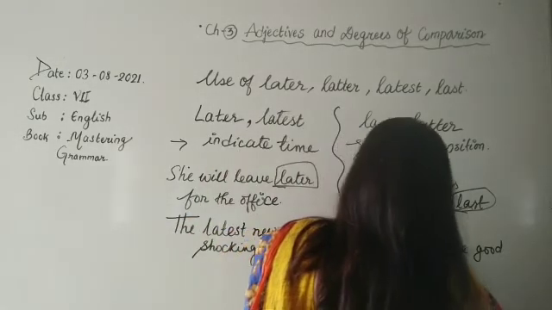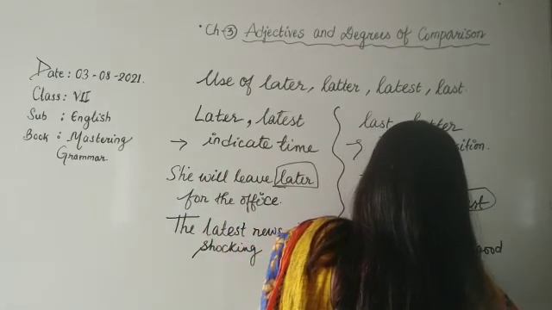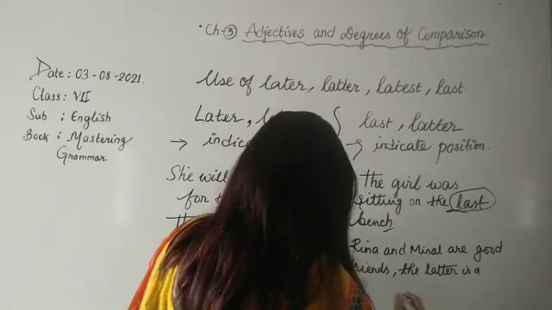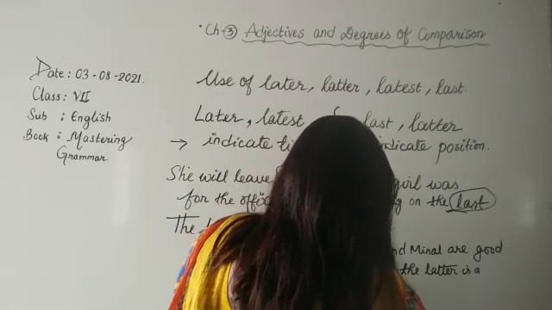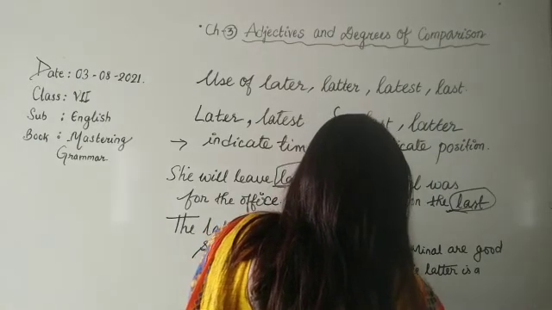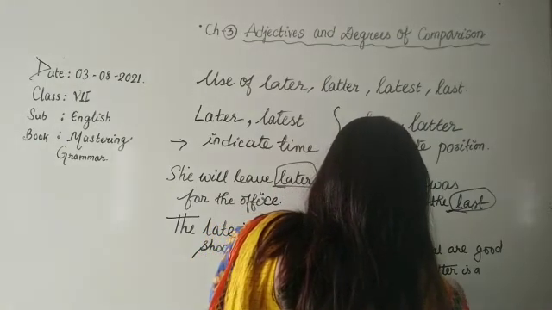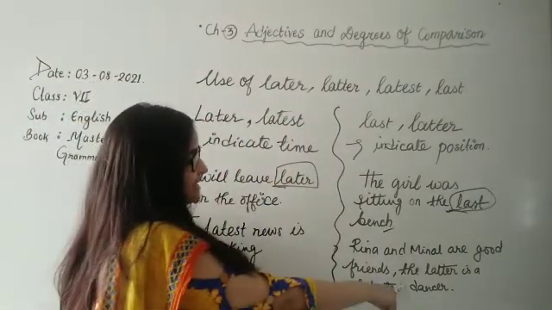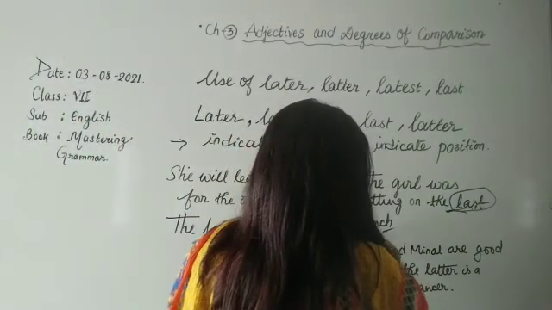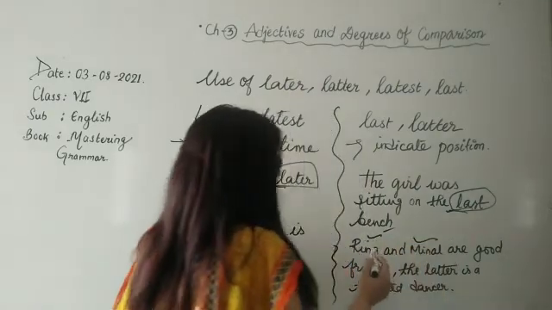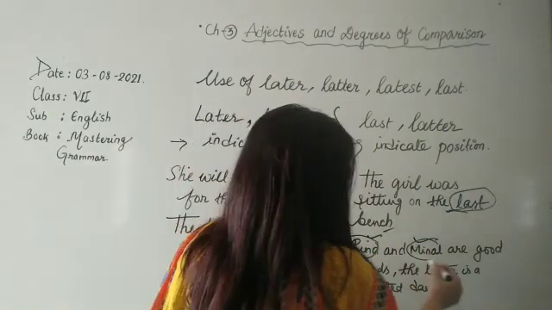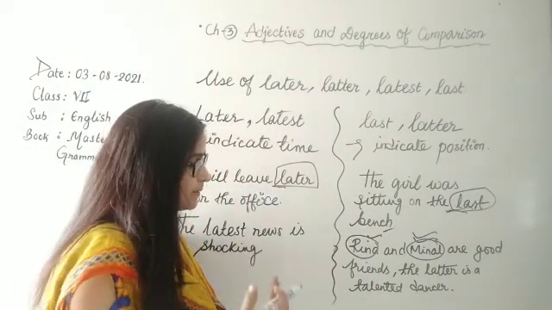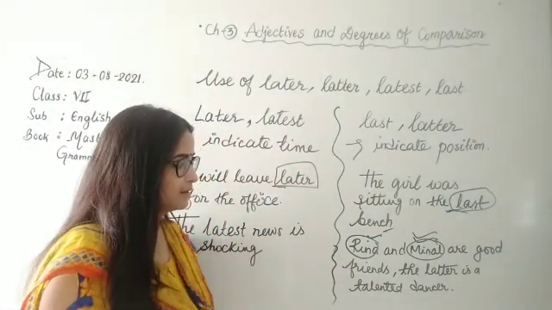The latter is a talented dancer. Now see here, latter is telling about the position of Rina and Milan. This is former, this is latter. Latter means the one which is second, the second one we are talking about.